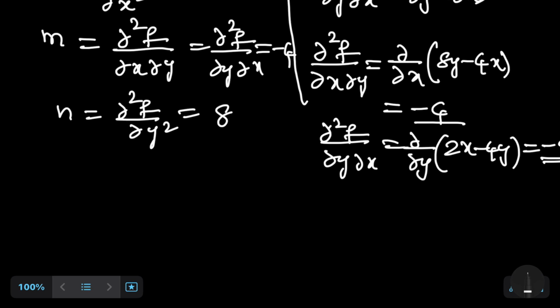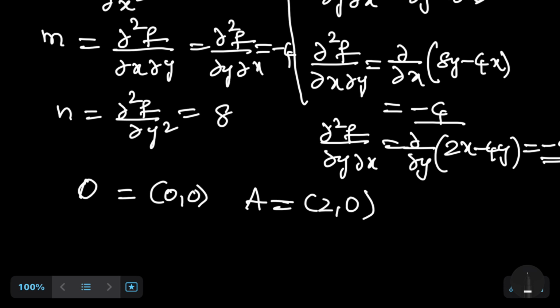Now the given points are the origin (0, 0), A = (2, 0) and B = (0, 1), as given in the question.